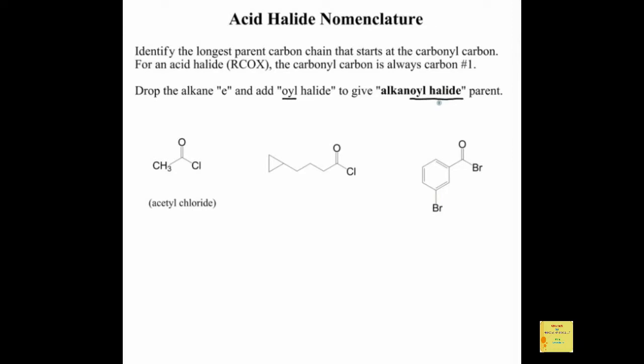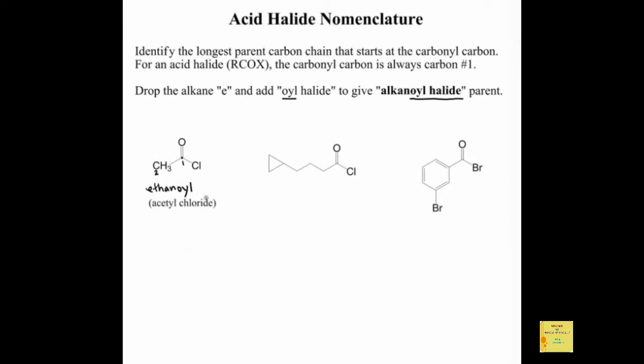So, for example, again, coming back to our common names, a common name for this molecule would just be called acetyl chloride. This is the acid chloride derived from acetic acid. We call it acetyl chloride. What would its IUPAC name be? We have a 2-carbon chain, 1, 2, so it's an ethane derivative. But we're going to drop the E and add O, Y, L: ethanoyl.